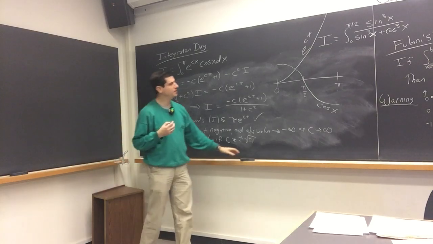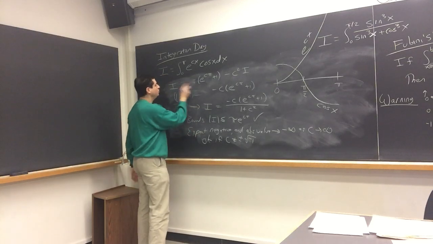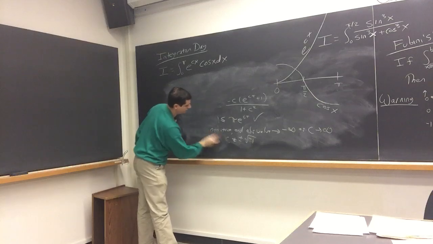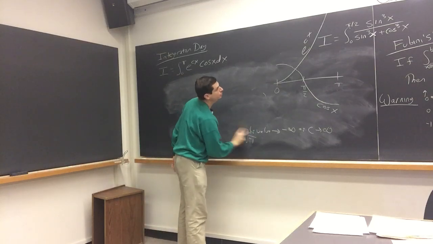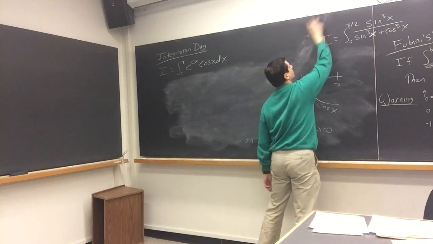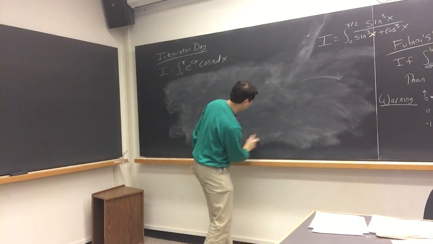Okay, we've got 5 minutes, which should be enough to do the second one. Okay, so the second one is we are looking at the integral from 0 to pi halves of sine cubed over sine cubed plus cosine cubed. So the first thing is, do we ever have to worry about the denominator being 0?